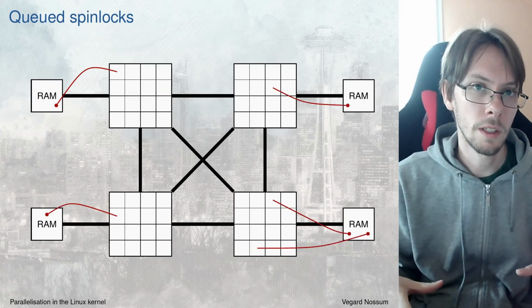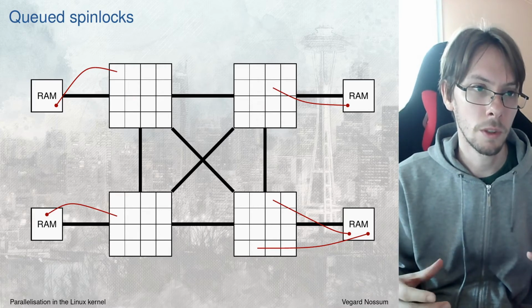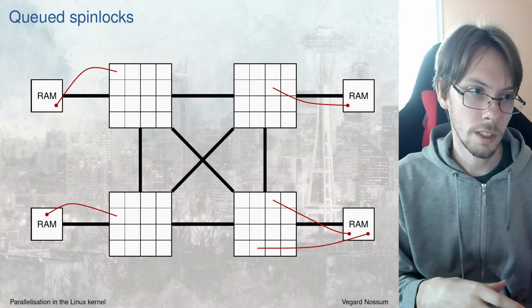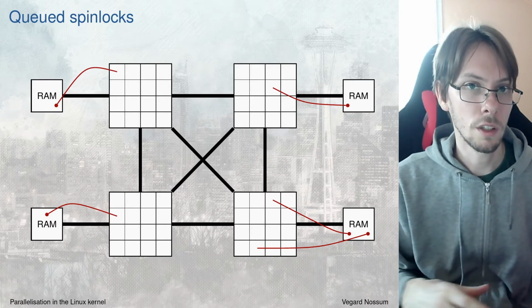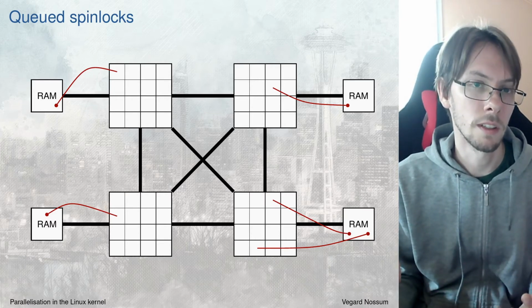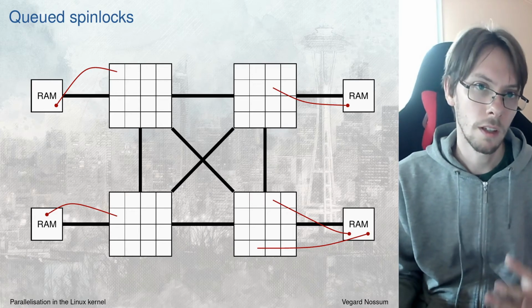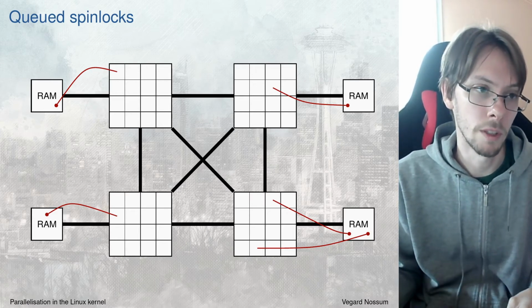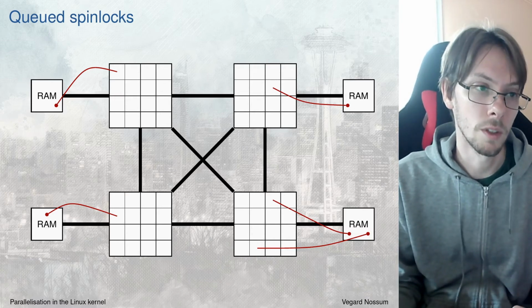So with queued spinlocks, you actually spin on a local per-CPU variable, and then when the core that's holding the lock releases it, it notifies only the next waiting thread that it now has the lock. And since you're spinning on a local variable, there's no traffic on the memory bus except when you do the handover to the next thread.